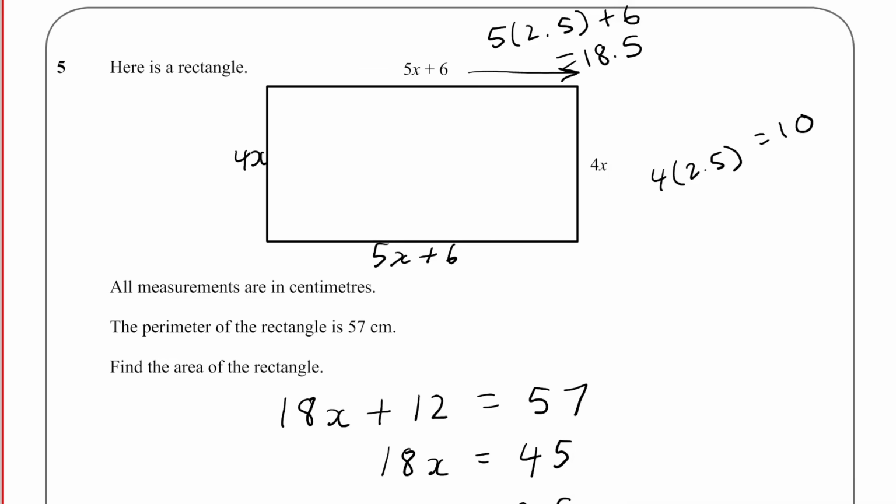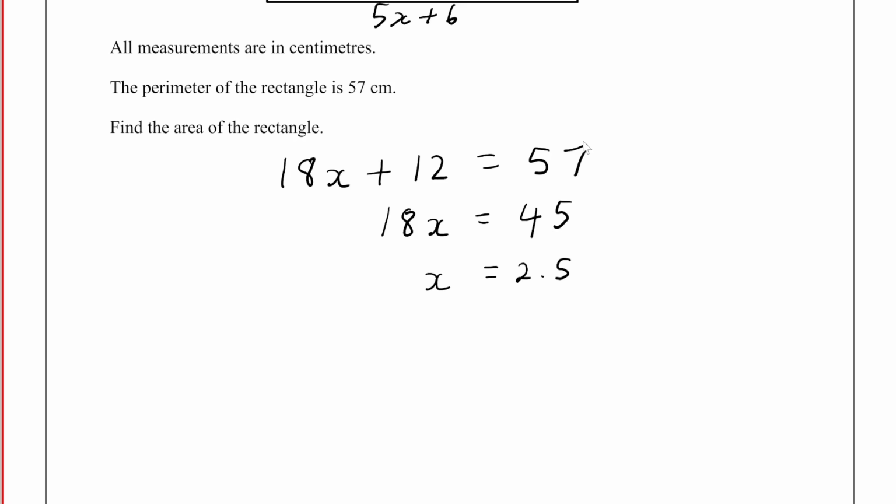So we know it's 18.5 along the top. It's 10 down the side. So the area is just the base times the height. 10 times 18.5 will be 185 centimeters squared.